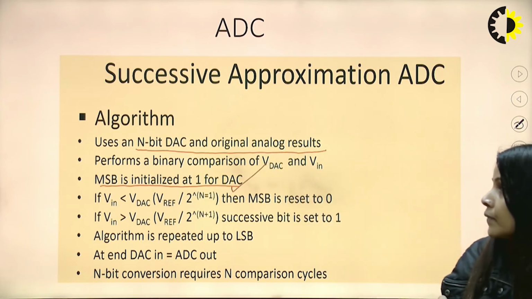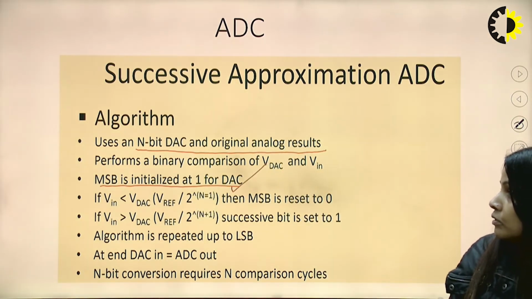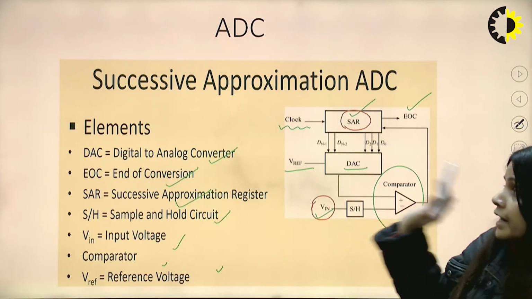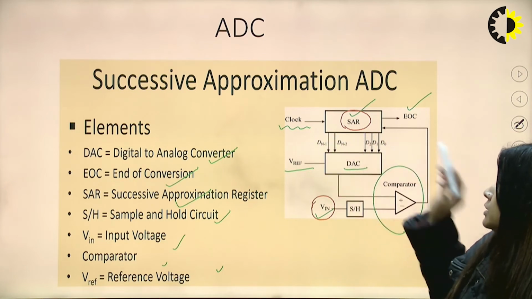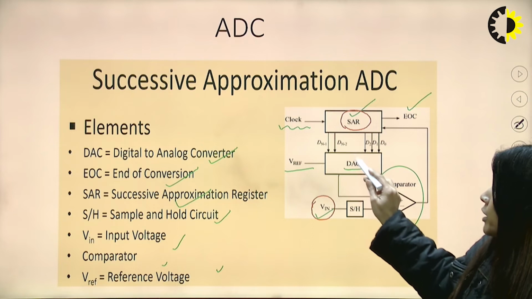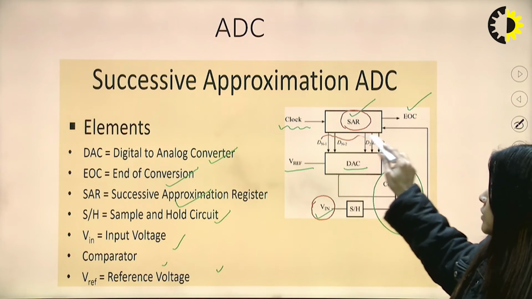Okay, right? So what it does, see here. The MSB is initialized at 1, others are at 0. Now some reference is being given. Digital to analog conversion takes place accordingly.